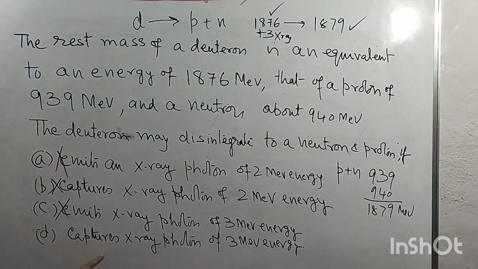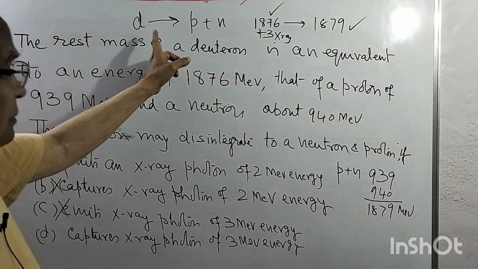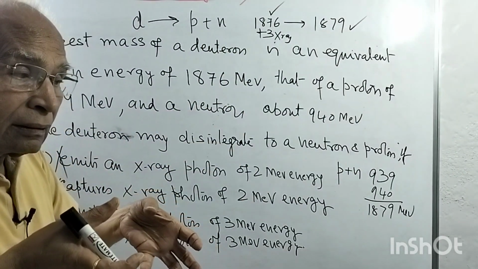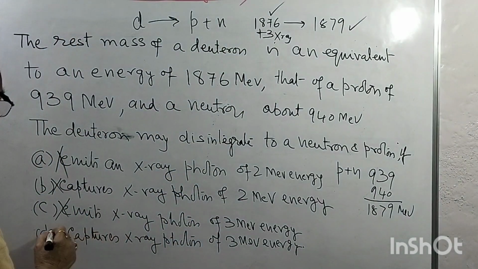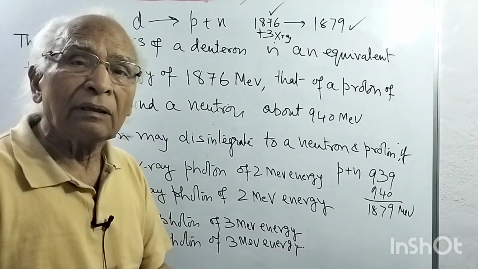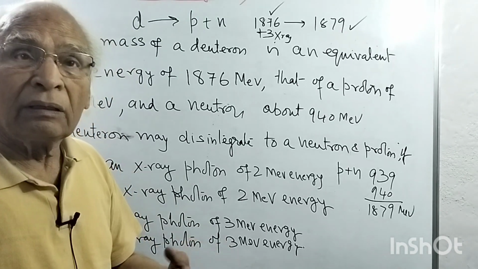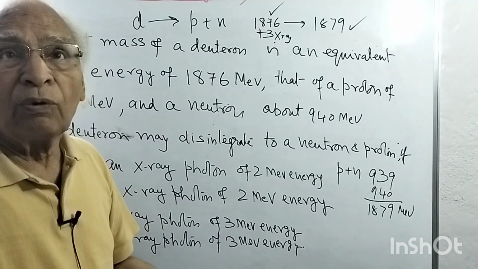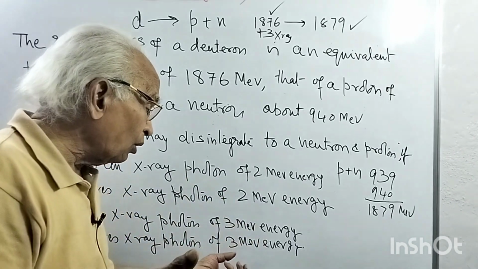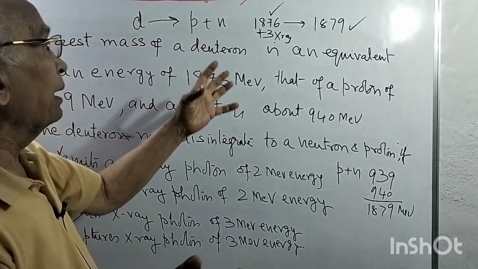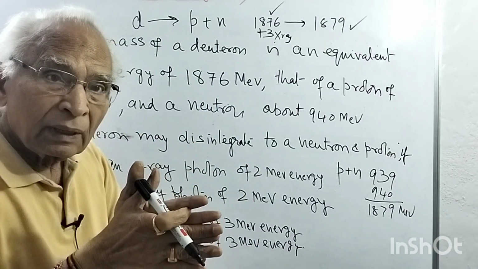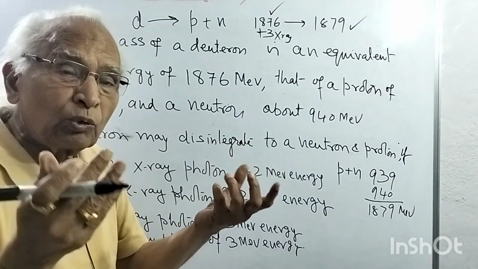So the answer is that deuteron disintegrates to proton and neutron by capturing a 3 MeV X-ray, meaning 3 MeV energy. That is called photodisintegration of the deuteron, meaning a photon of 3 MeV is absorbed by the deuteron, because it is bound, its binding energy is 2.22 MeV.